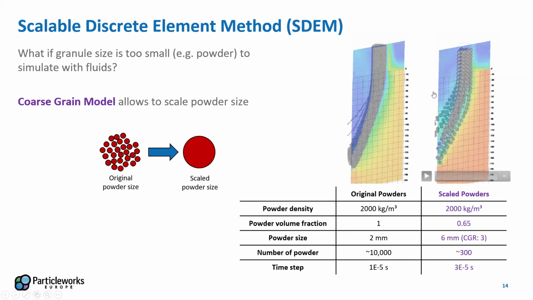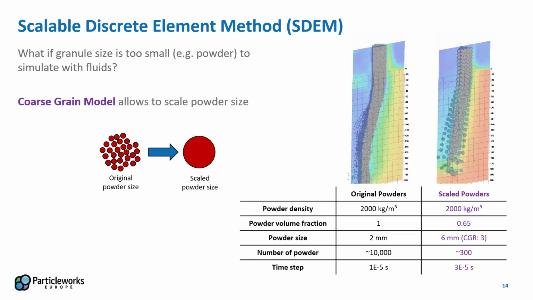The idea is that we can have similar behavior, but with a significantly lower number of powder particles and faster simulation times. So in this case, we can do some numerical correlation and have a faster simulation once we know the system.